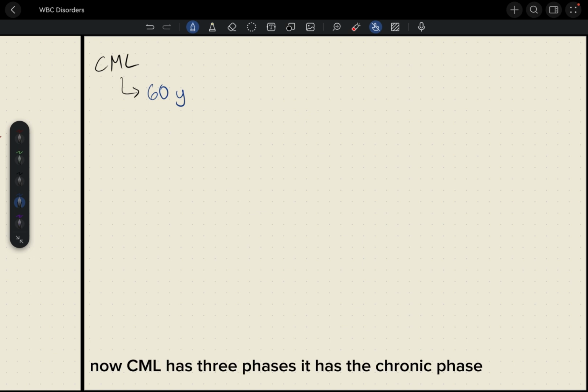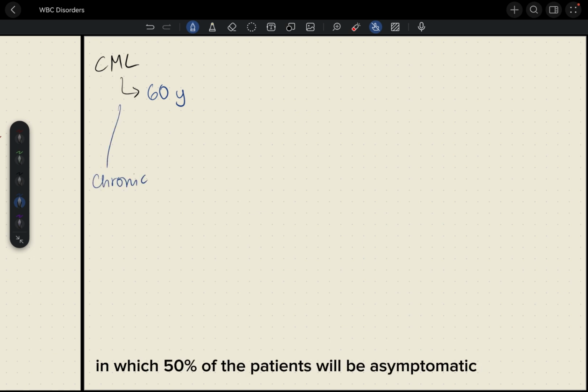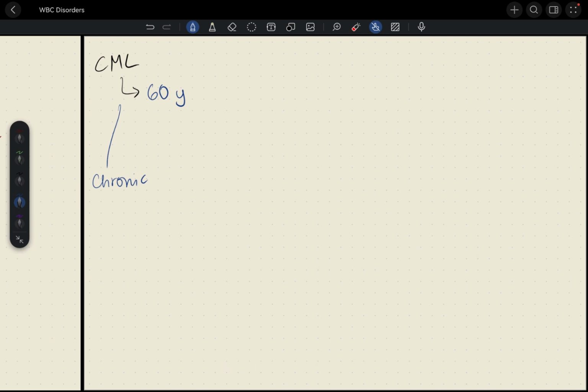Now, CML has three phases. It has the chronic phase, in which 50% of the patients will be asymptomatic, but the other 50 will have GI complaints like abdominal pain, decreased appetite, nausea.